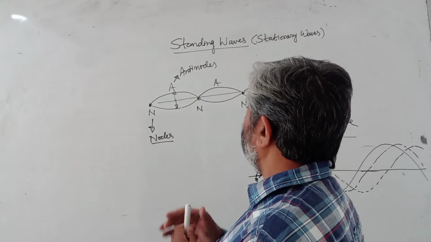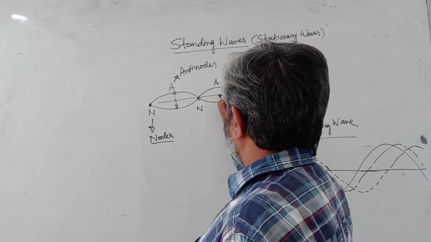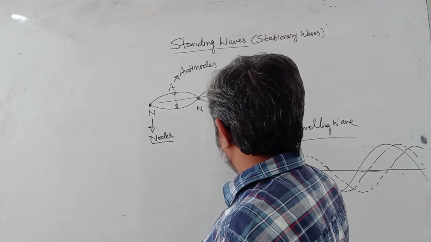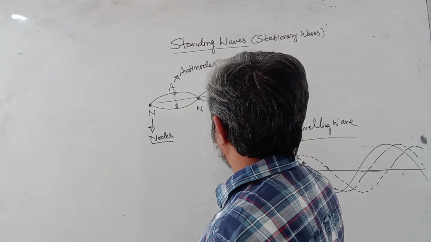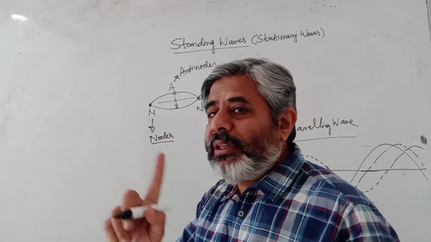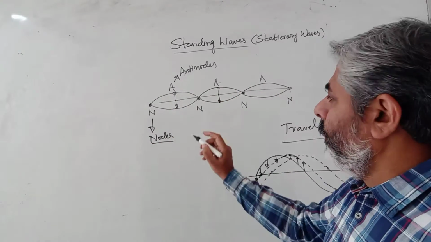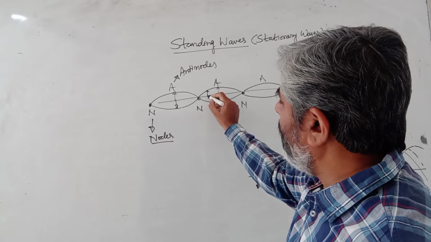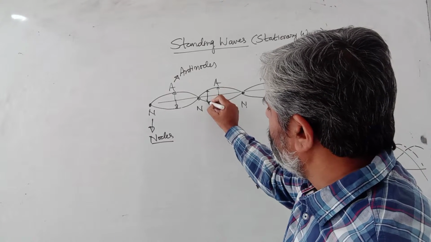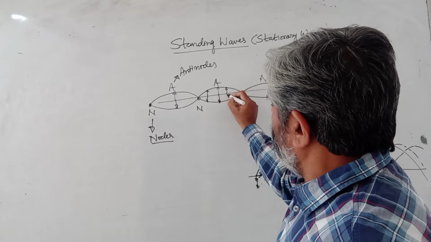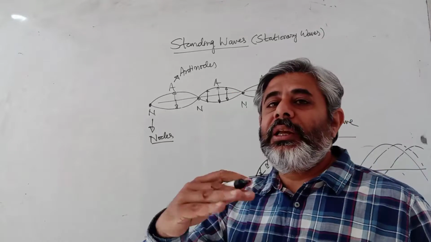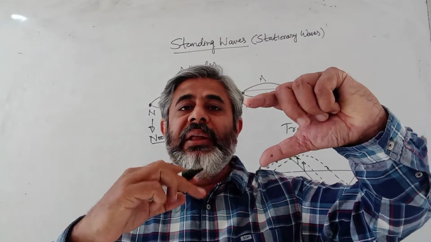Now, in a stationary wave, what happens is this particle goes up to this point and falls back to this point. But it's not the same for all the particles, because this particular particle goes only up to this point and comes back. So you can say that different particles are oscillating between different extremes.